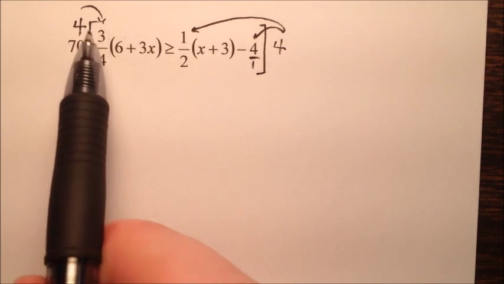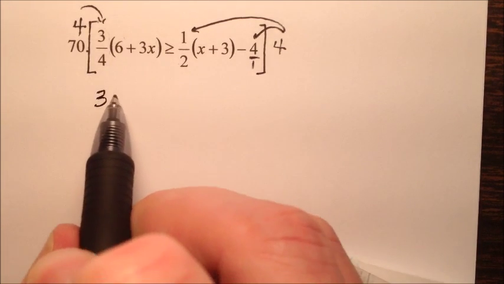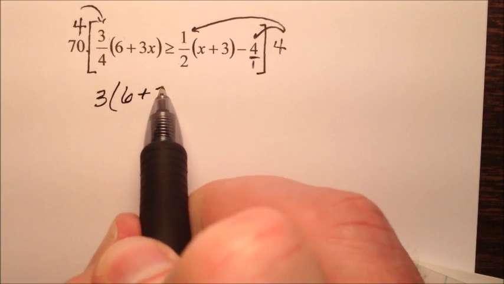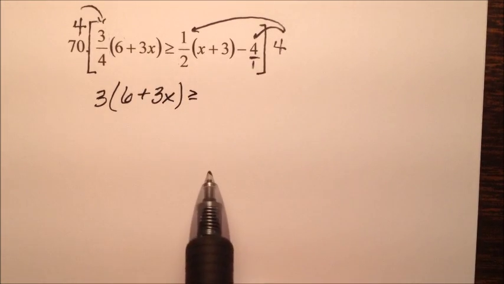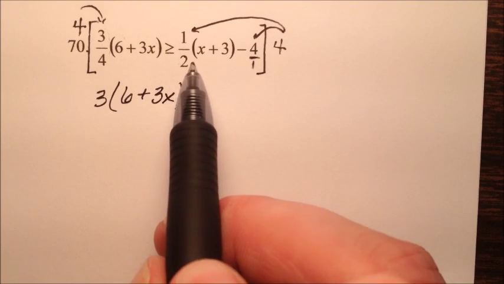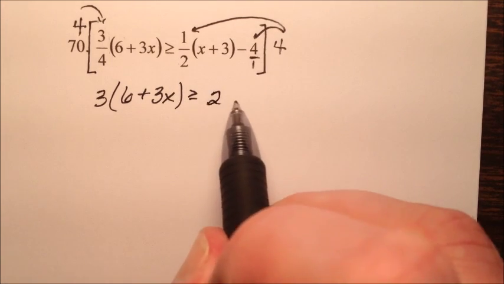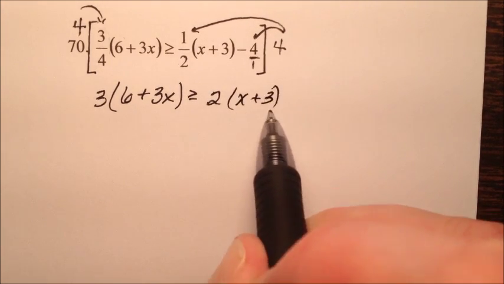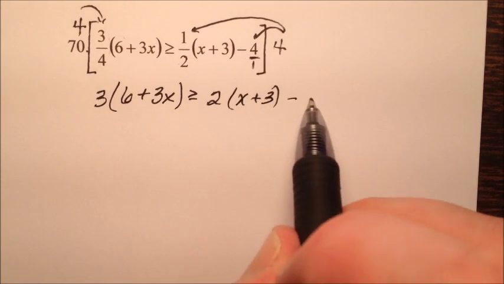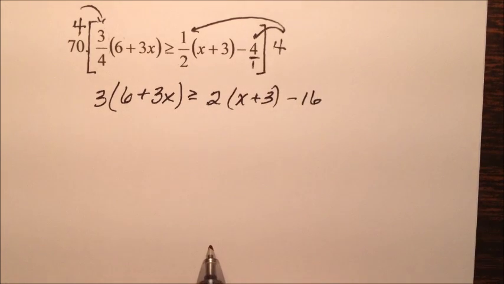So 4 times 3/4, the 4's cancel, we get a 3. And then we have 6 plus 3x greater than or equal to. And then 4 times a half, or half of 4, is 2 with the x plus 3. And then 4 times 4 is going to be our minus 16 right there.